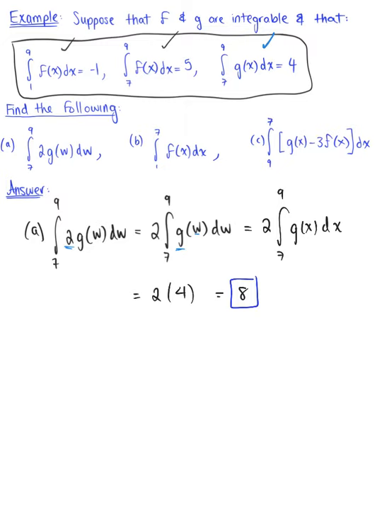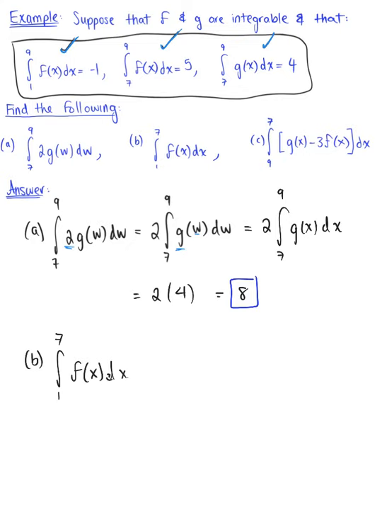And we're moving on to part B. In part B, we are asked to evaluate the definite integral from 1 to 7 of f of x dx. When we look at this, we don't have anything exactly like this definite integral up here. But we can see that the first two definite integrals given have the same function, f of x.